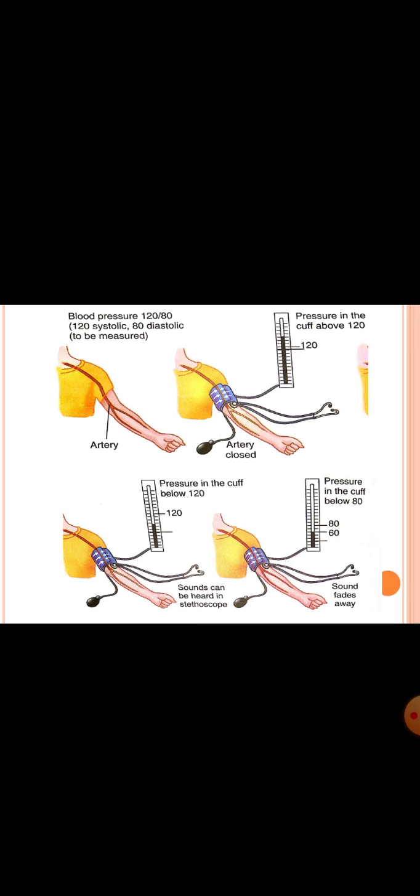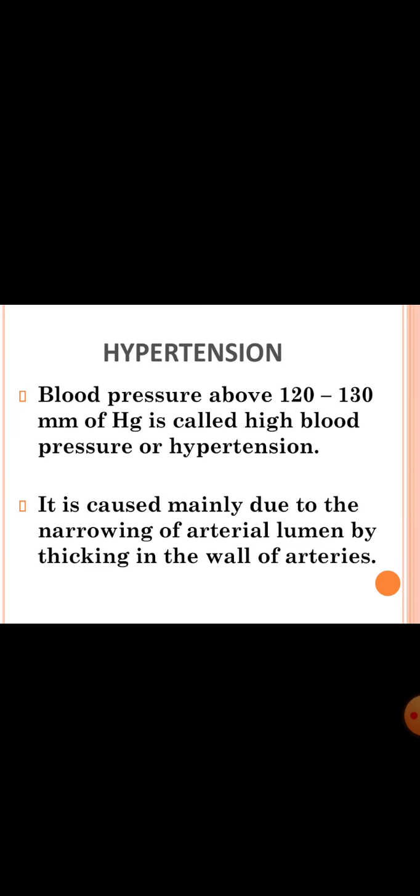Clear? The normal blood pressure is 120 by 80 mm Hg, means 120 is systolic pressure and 80 is diastolic pressure. Clear?